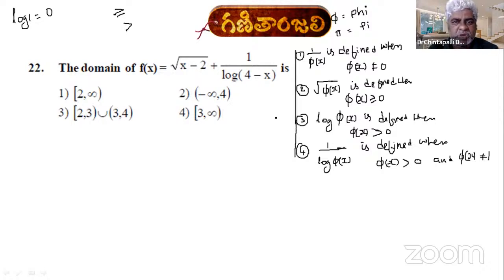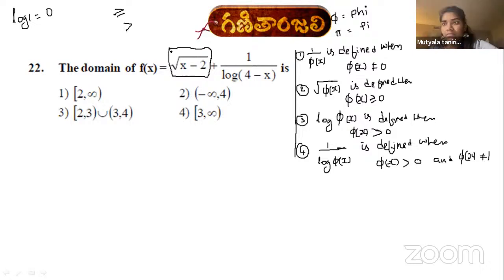Which point is used to solve the first part of the sum? Which point among these four? Is it the second one? Yes, second one. First of all, let us find the domain of the first part of this function.